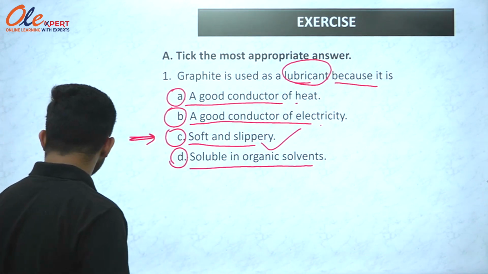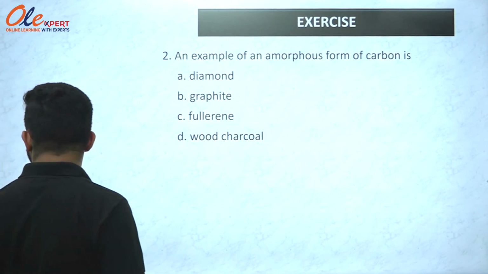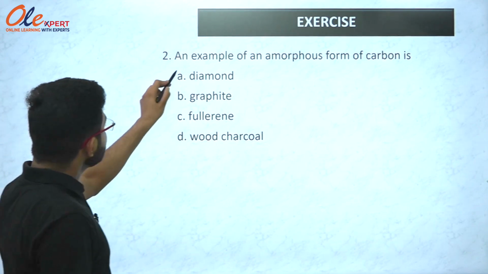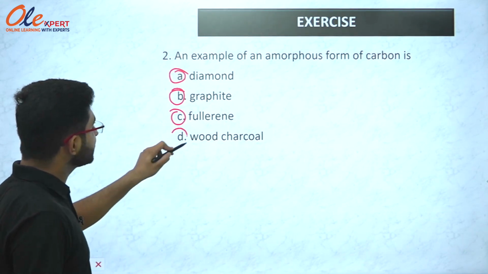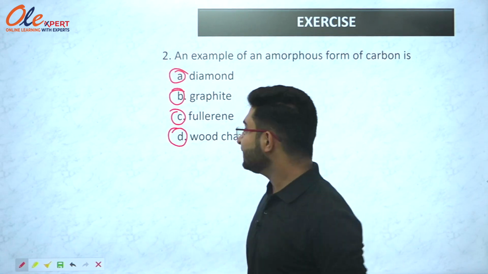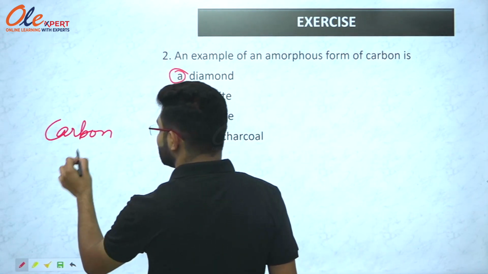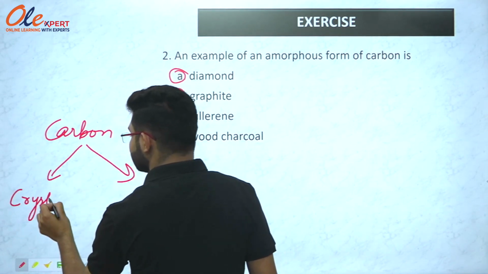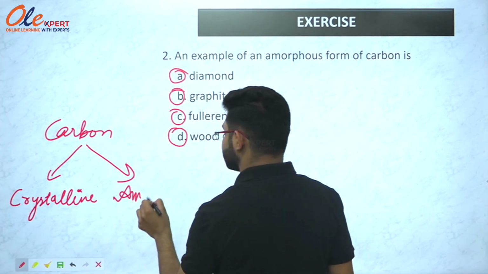Now we are going to move to the next question, that is an example of an amorphous form of carbon is option A, diamond, option B, graphite, option C, fullerene, and option D, wood charcoal. Firstly, we have to understand that carbon has two allotropic forms, that is crystalline and amorphous.